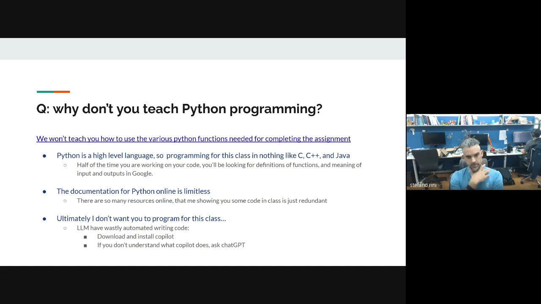Let's see how many people go raw in writing Python. Okay. Copilot. There is somebody who really uses Copilot. Yeah. Codex, yeah, Sonnet. Very good.